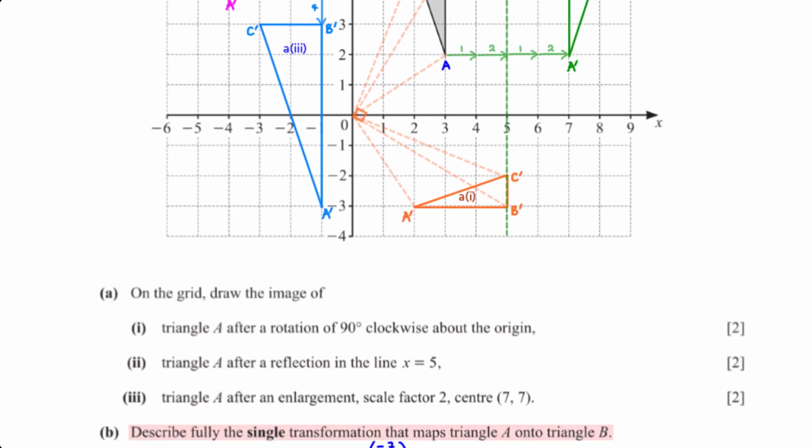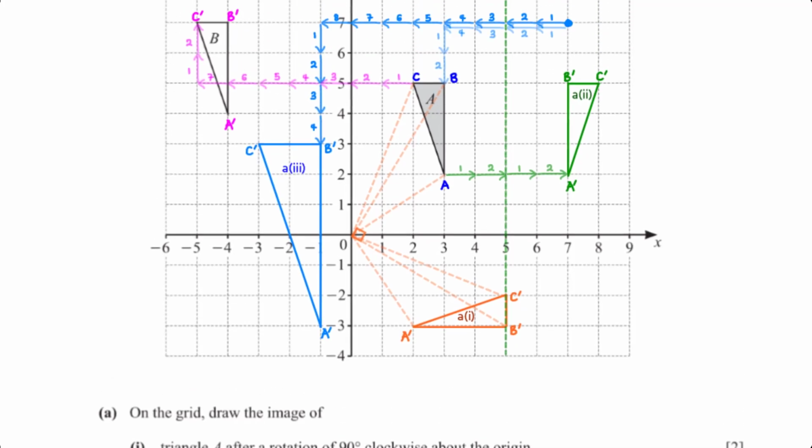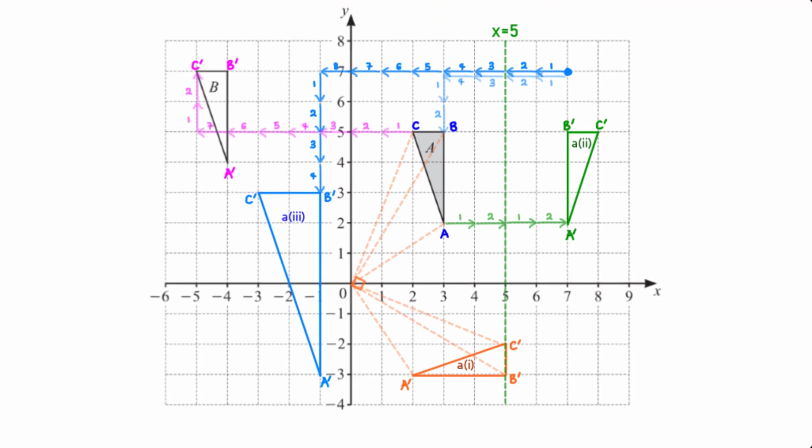Describe fully the single transformation that maps triangle A onto triangle B. When we look at both triangles A and B, we can tell straight away that this is a translation because both triangles have exactly the same size and orientation. The only thing is that they are located on different parts of the grid.